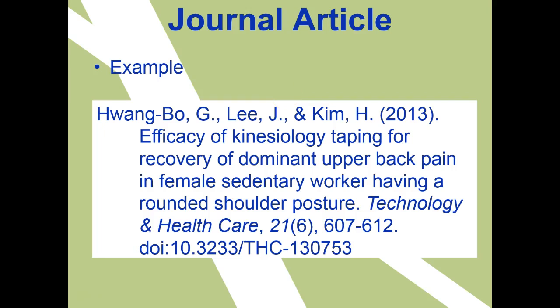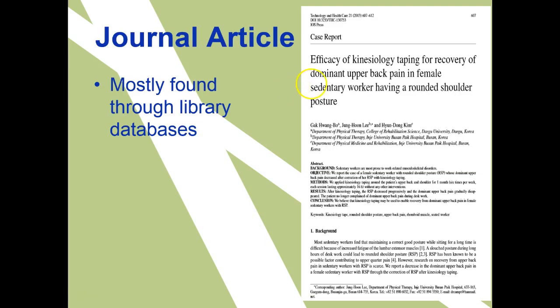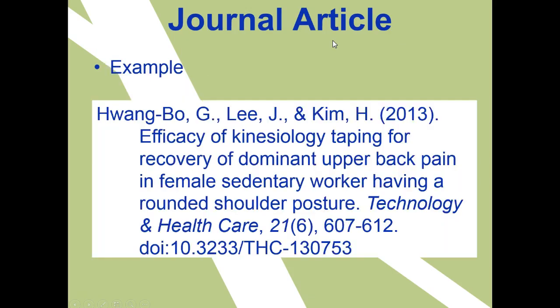And then the DOI number that would be available on this. If we go back, I'm trying to look for the DOI number. The DOI number is right there, DOI 10 dot so on and so forth. If your journal article has that, include that. If it doesn't have it, then don't worry about it.